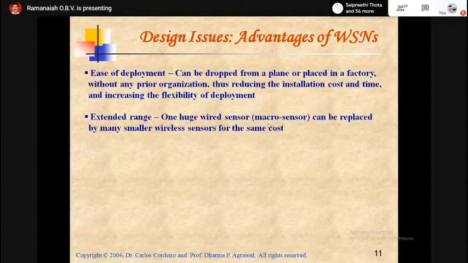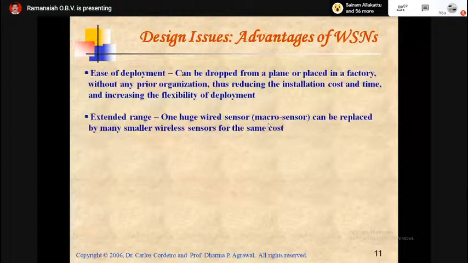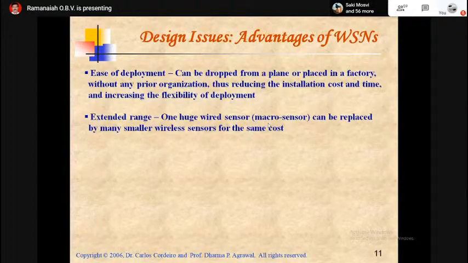That is the point, right? It is like one big wired sensor which is covering certain area. And another alternative is you have so many small wireless sensor nodes. And with the help of those things, you can cover the better area. Coverage will be more uniform and more extended area, right? So that is the point for the same cost. So that is the advantage of wireless sensor network.